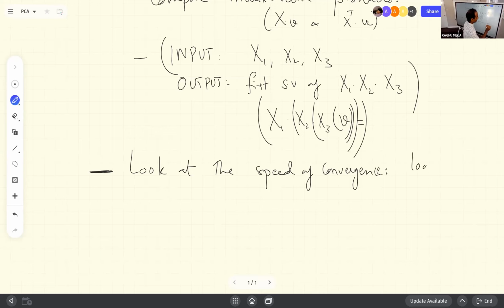The speed was something like, let's ignore the dependence on the dimension and the final desired error, but the convergence was basically 1 over epsilon. If the gap was very small, then you needed many more iterations to get a good guarantee on convergence. Okay. Have you seen this 1 over epsilon before?